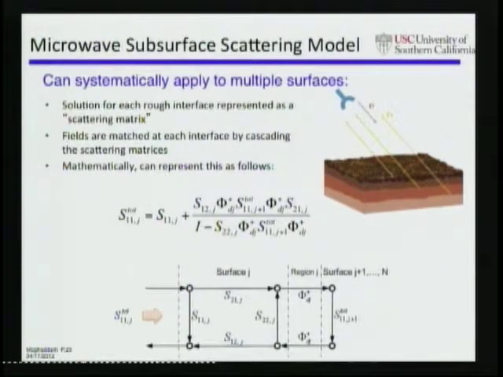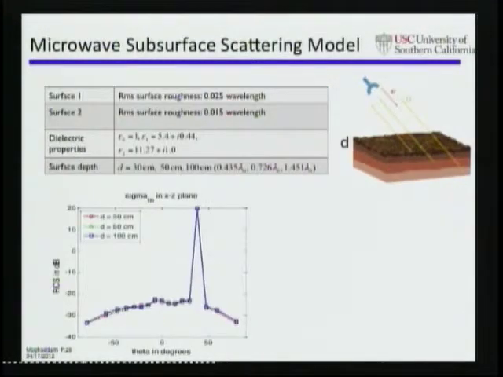It's basically the same thing. You cascade the S parameters or scattering matrices of the different surfaces, and that allows you to get the scattering picture for the whole geometric construct.